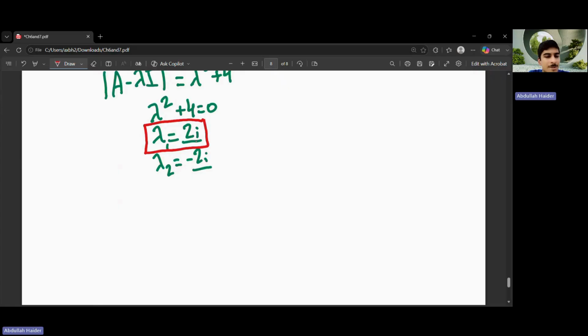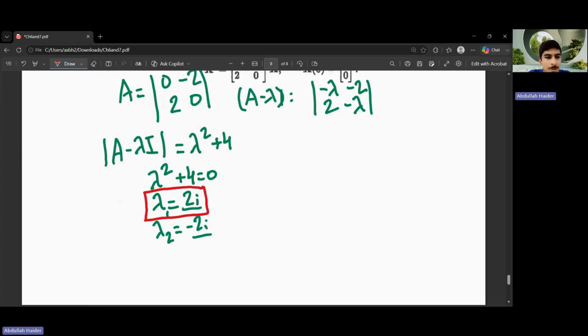So it's always easier to deal with the positive lambda value. So when I do A minus 2i I, I mean I substitute 2i in this matrix.